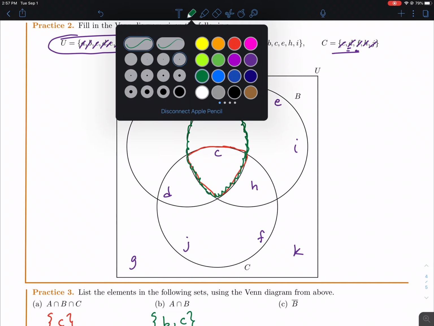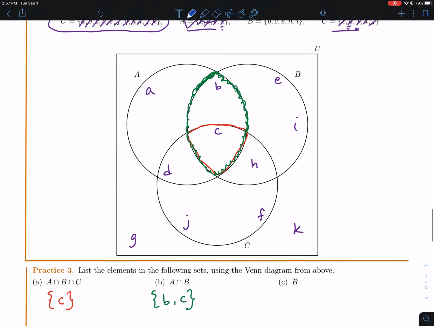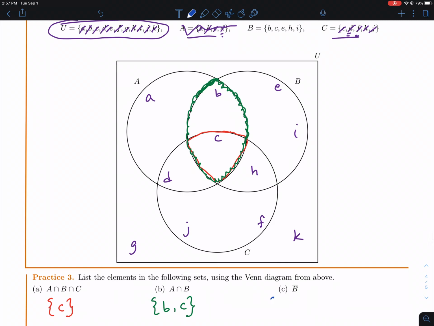Instead of drawing it out, you could just write down, well, let's see. I know A is in the universal set, so A is going to be in B complement. B and C are in B, so they can't be in there. D's not in there, so let's add D to the list. E's in there, so we can't have it.